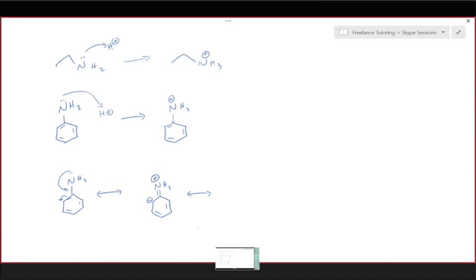It's got a formal positive charge on some of the resonance structures. So that pretty much always says that it's not going to act as a base if it has a resonance structure with a positive charge. So who's more basic? The first nitrogen, right, in that first molecule. Okay, good.